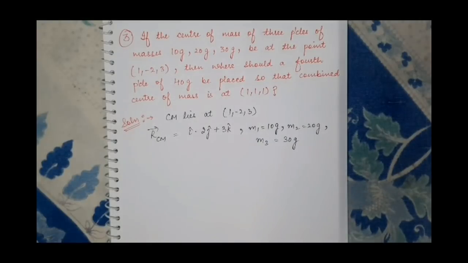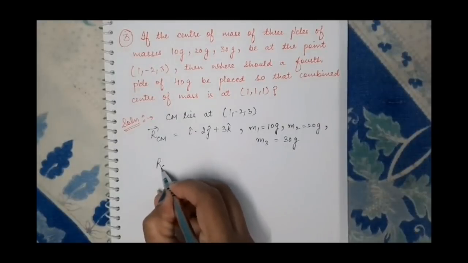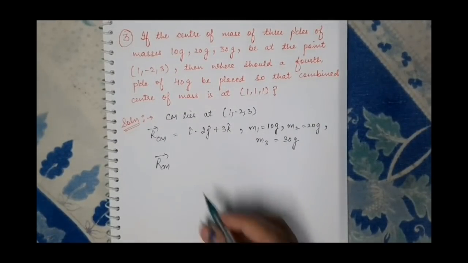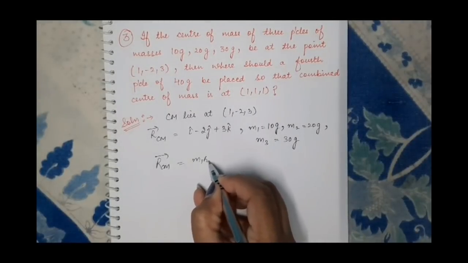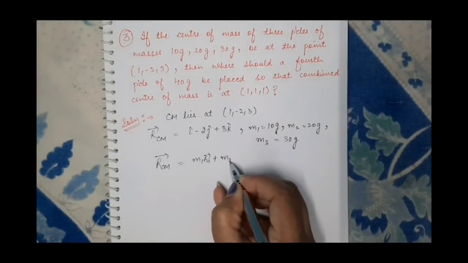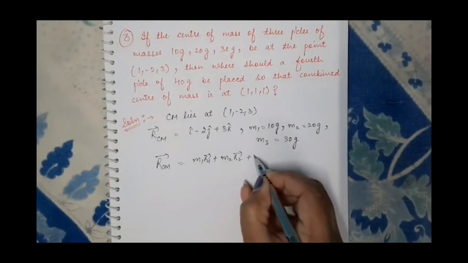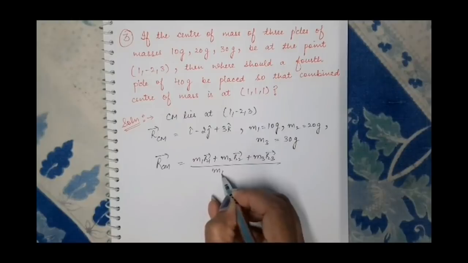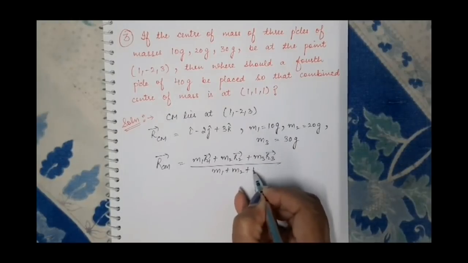From this information, what will be the position of center of mass according to the formula of center of mass? It will be m1r1 plus m2r2 plus m3r3 divided by m1 plus m2 plus m3.